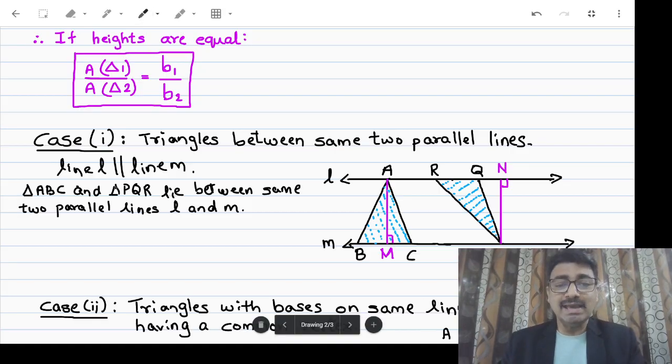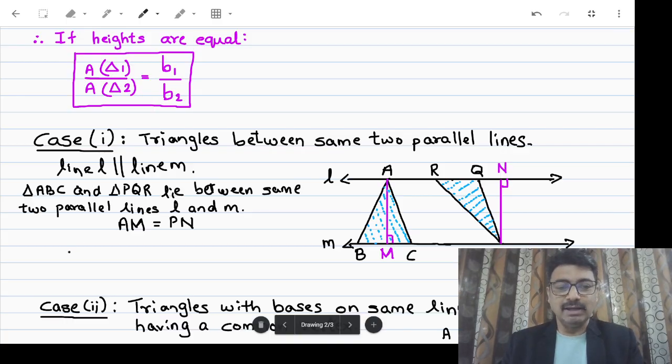So we can say that the height AM will be equal to the height PN. What do we understand then? That the two triangles ABC and PQR have equal heights. And we know that if the heights are equal, area of triangle upon area of triangle is equal to base upon base.